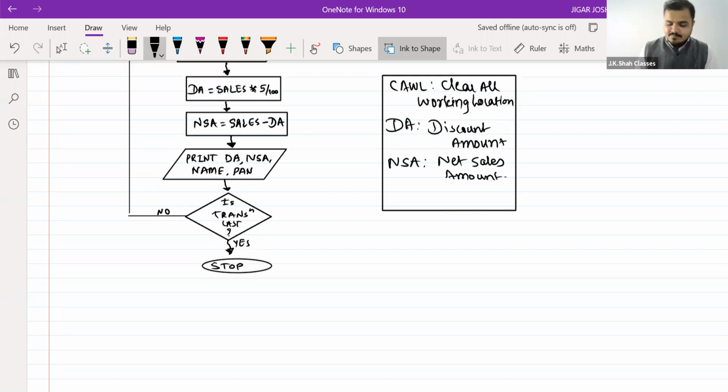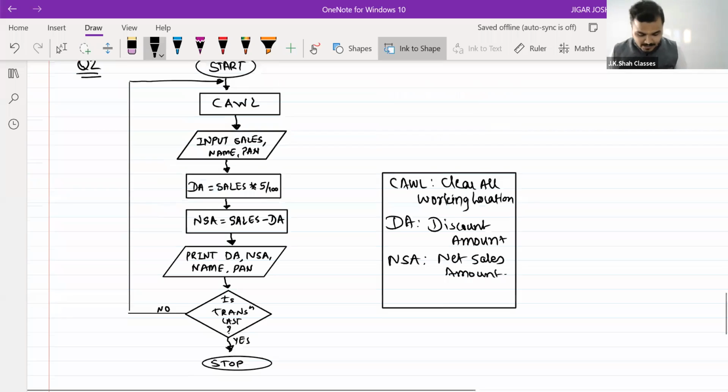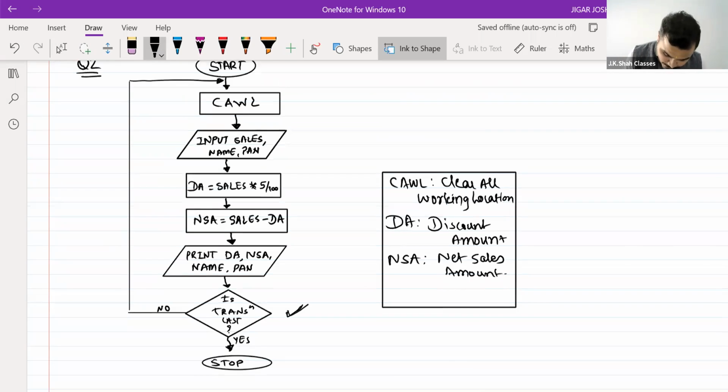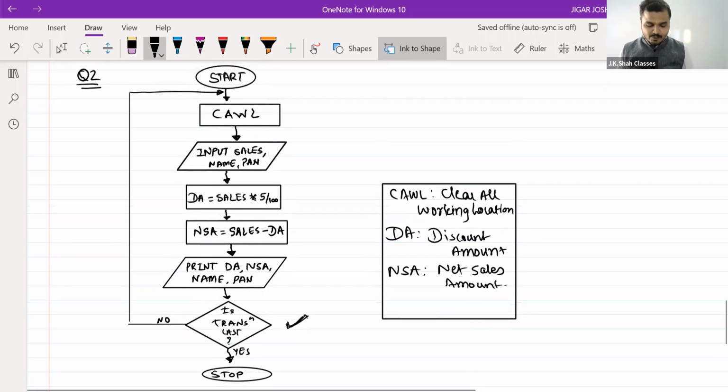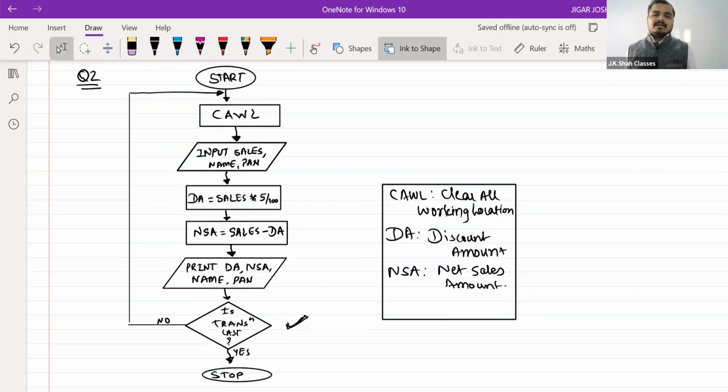Understood, my dear chartered students? Yes. Only a small request: I did not find proper space over here to write the word transaction, so I am leaving that for you. Please mention the entire word transaction over there. Understood? Yes, sir. Question number two. Again, a 4 mark question done.